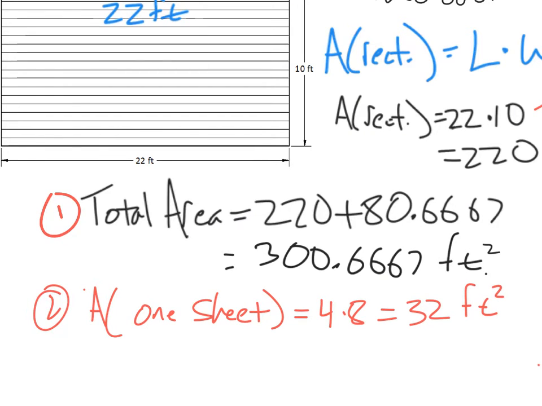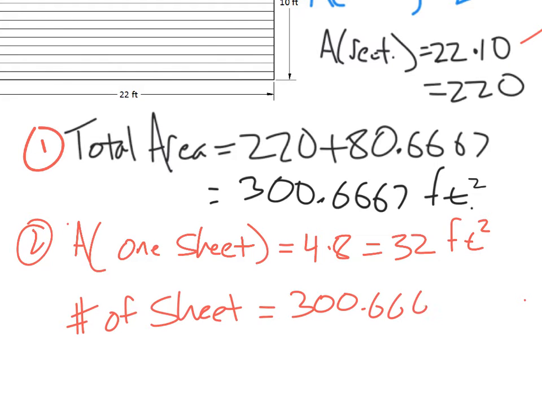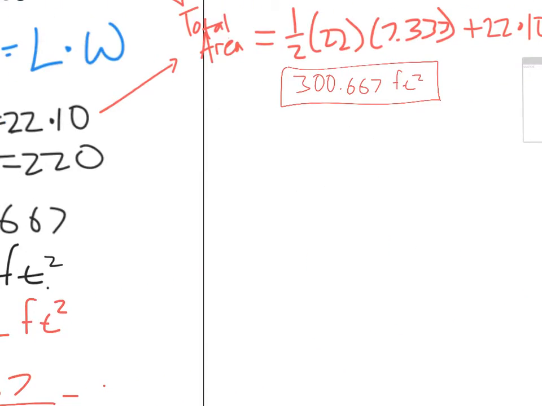So if everything fit perfectly, if we use all of that plywood perfectly, which never happens, we can find the number of sheets by taking the total area and figuring out how much each one can cover. So 300.6667 divided by 32. This will tell us how many sheets of plywood we need. We'll go on over to our calculator again.